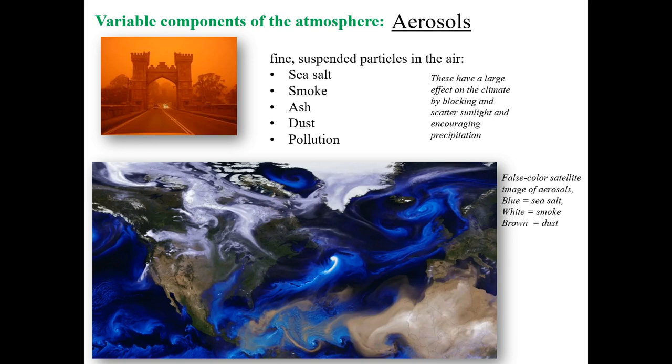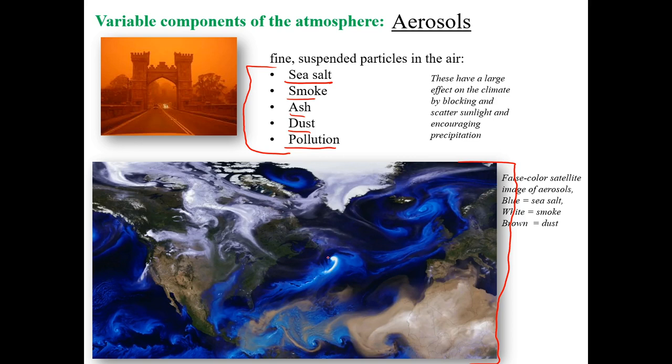Aerosols, I mentioned, are these other variable components of the atmosphere. These are all solid particles, so this is not gas, but solid particles suspended in the atmosphere. And that could be sea salt, smoke, ash, dust, pollution, you name it. This is a pretty cool false colored satellite image that shows different types of aerosols in our atmosphere.